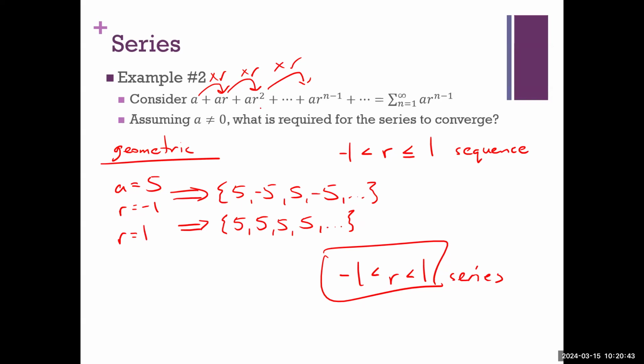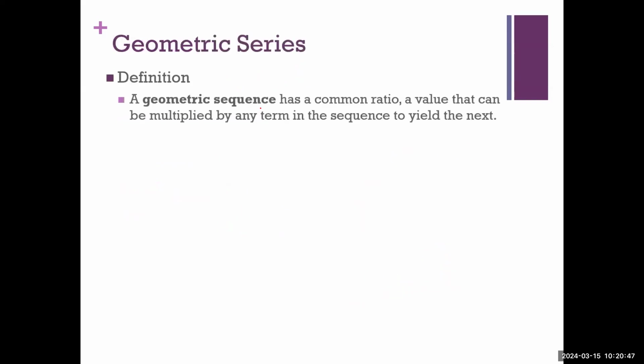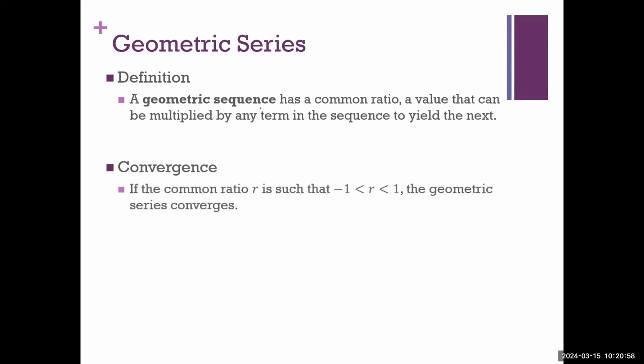Yeah, that's exactly what's going to happen. So the geometric sequence or series has a common ratio. Basically, that's the value I can multiply by any term in the sequence, and that will yield the next one. So it converges in exactly these cases when -1 is less than R, which is less than 1. And for any other R, the series diverges. So it's a very clear-cut condition on what gives you convergence on this kind of series.